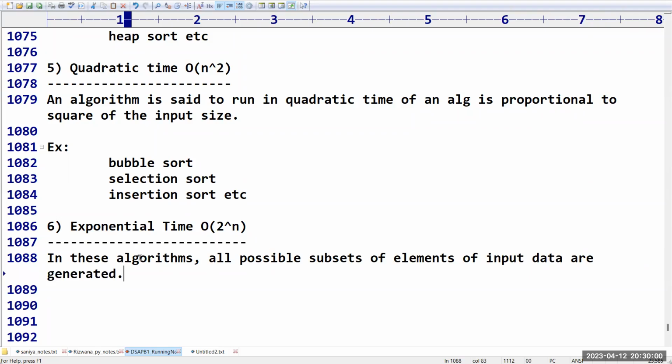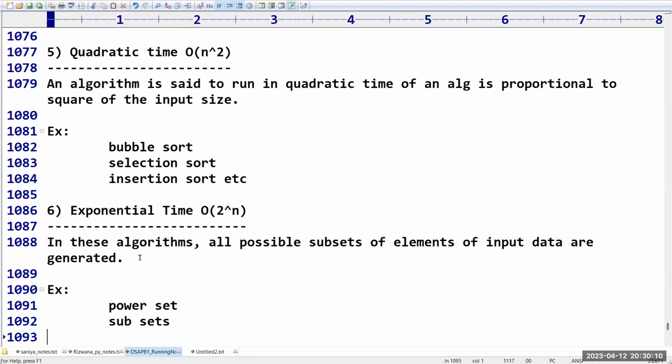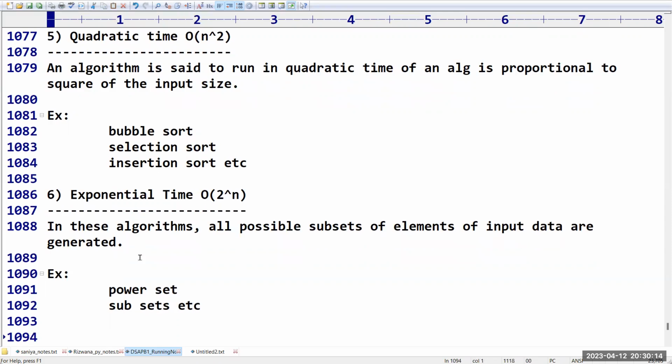The best examples we are going to see are power set applications and subset applications. In these areas, we are going to use exponential time. Subset means what? Suppose I have an array with 5 elements, what are the possible subsets? If I want to find such an algorithm, it will take exponential time.